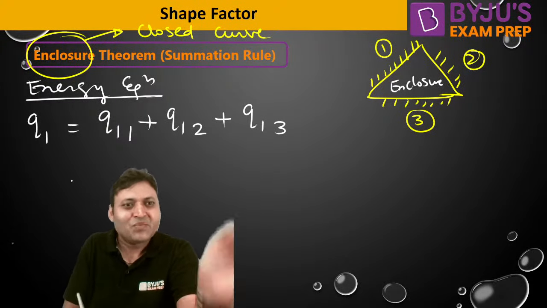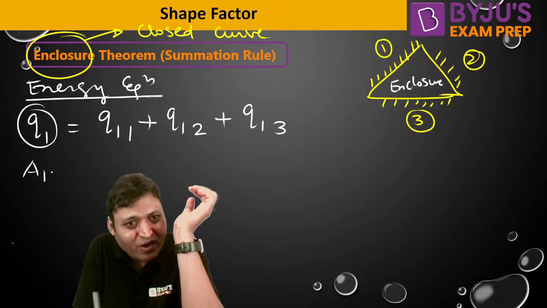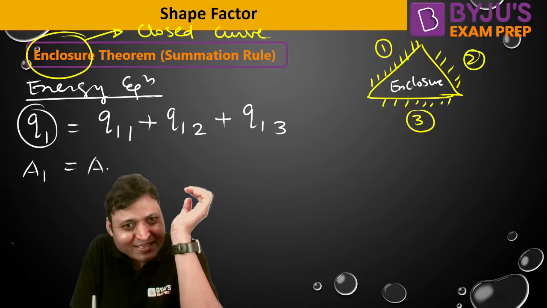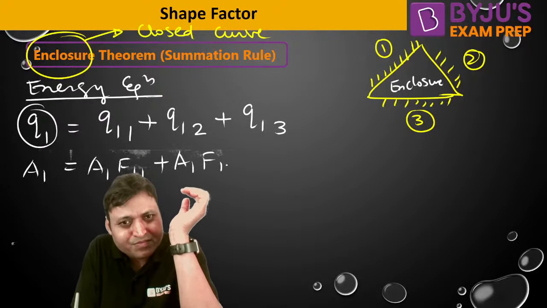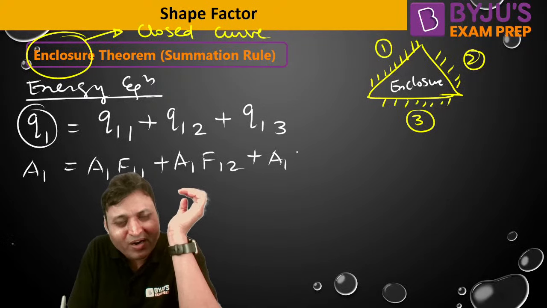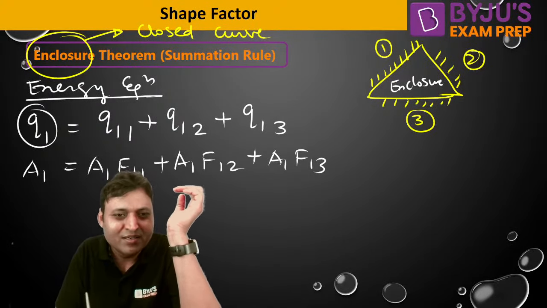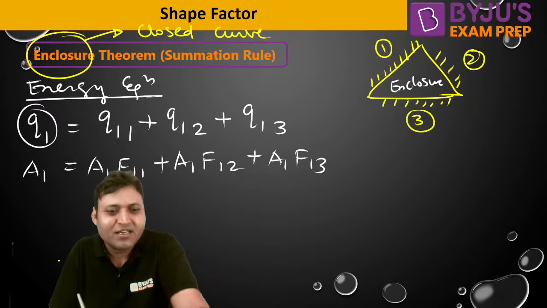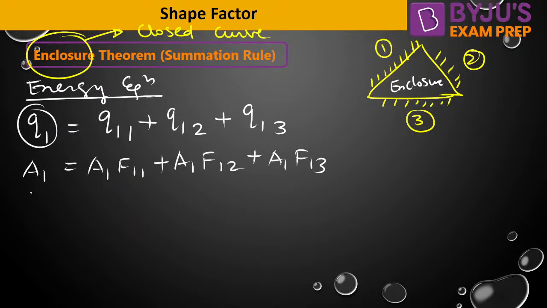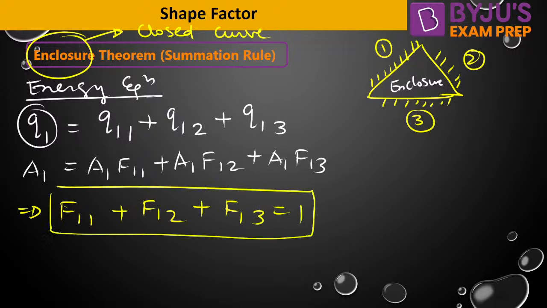And if we write Q1 is proportional to A1, then Q11 is A1 F11 plus Q12 is A1 F12 plus Q13 is A1 F13, isn't it? So from here, if we divide by A1, we are left with F11 plus F12 plus F13 is equal to 1. That is called the enclosure theorem, which is applicable only when there is an enclosure.